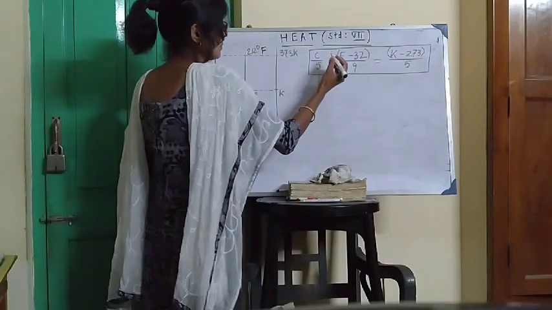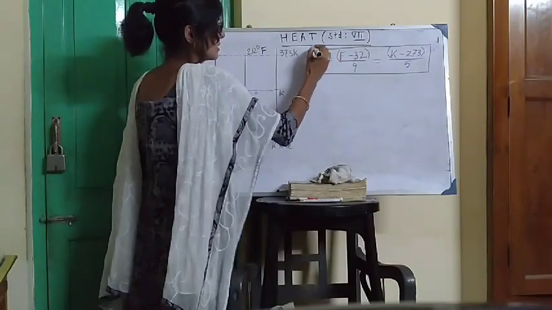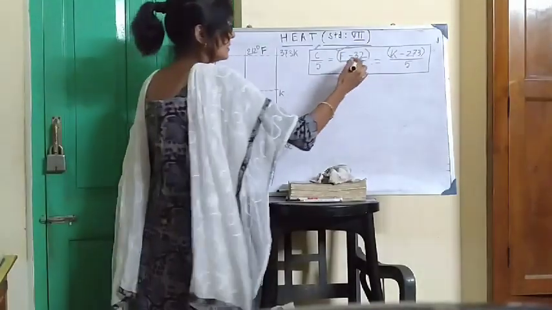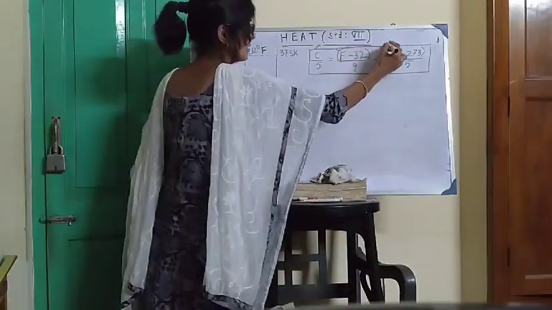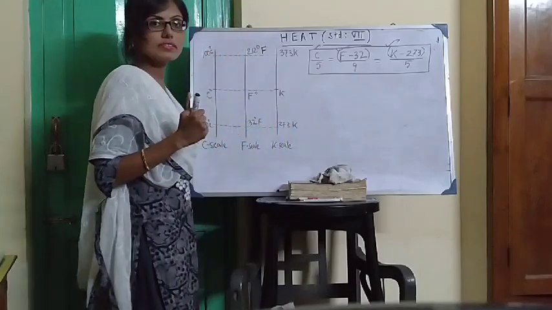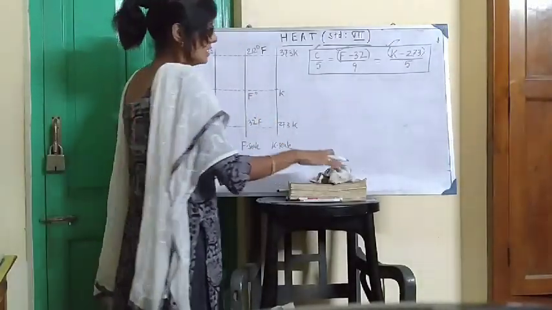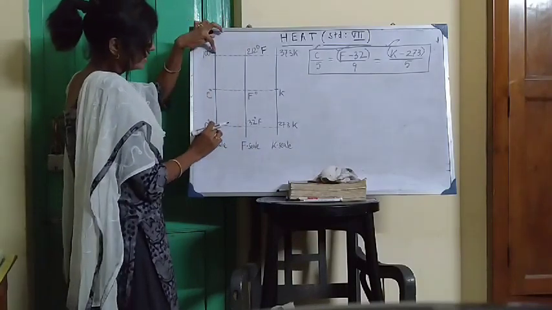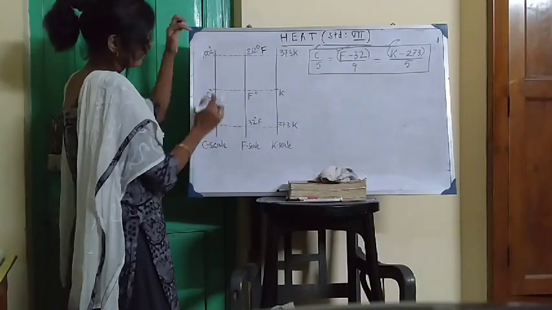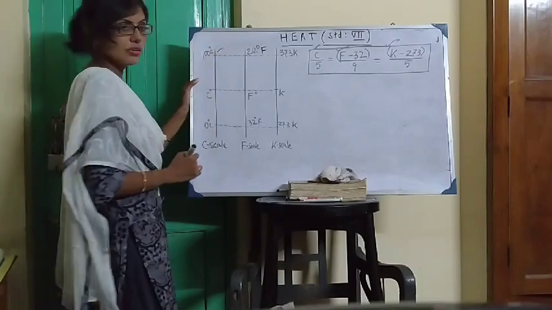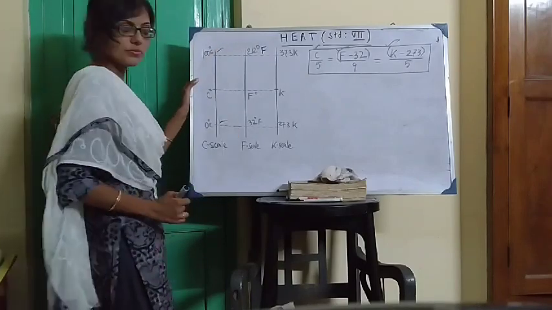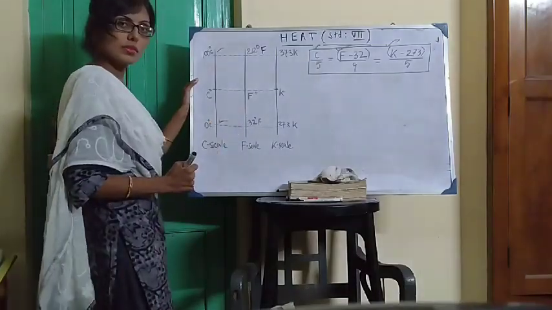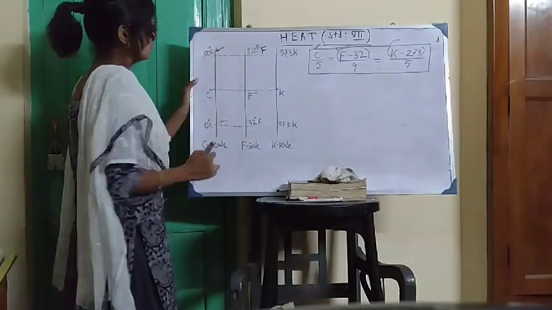Now suppose the temperature is given in Celsius scale, you can find it in Fahrenheit scale. A temperature is given in Fahrenheit scale, you can easily find it in Kelvin scale, and vice versa. Now look at the diagram. 100 degree C and 0 degree C. This is the boiling point of water and freezing point of water.